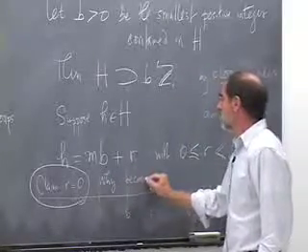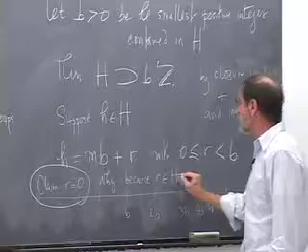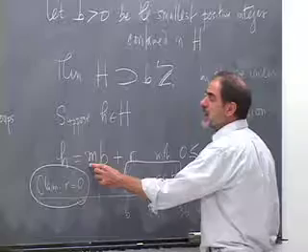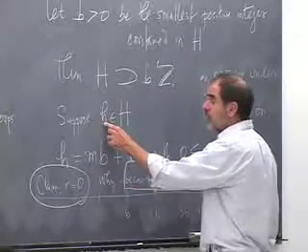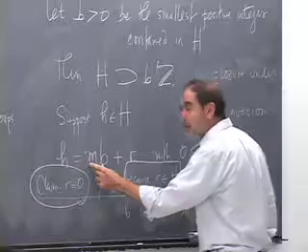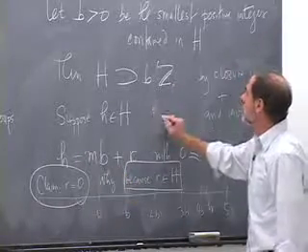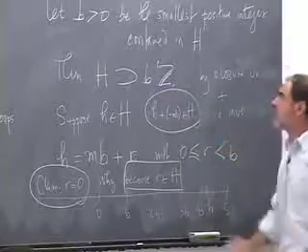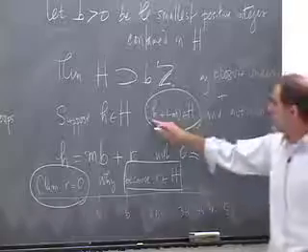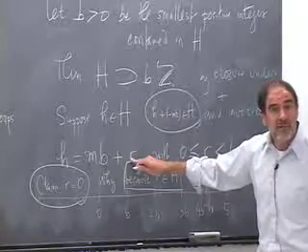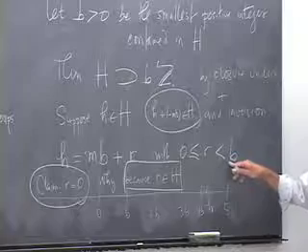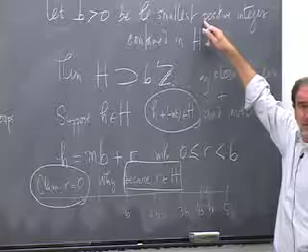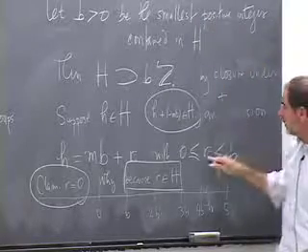Because r is actually an element in H. b is in H, so the multiple of b is in H. h is in H, so if I take h and add to it the inverse of this, I get something in H. h plus minus mb is in H, by the fact that H is closed under inversion and addition. But h plus minus mb is r. r was assumed to be a positive number less than b. b was assumed to be the smallest positive number in H. So the only way this can be the case is if the remainder is 0.